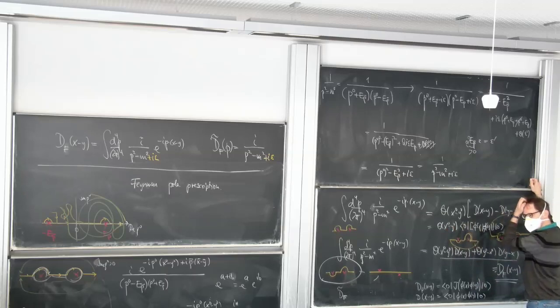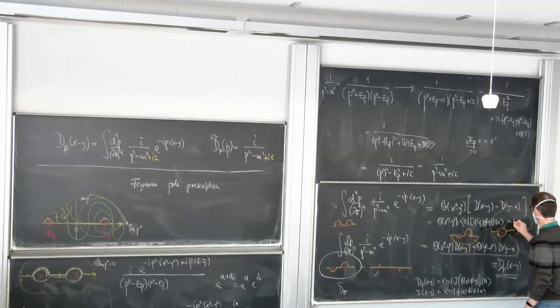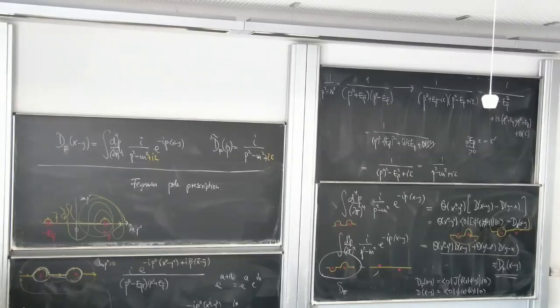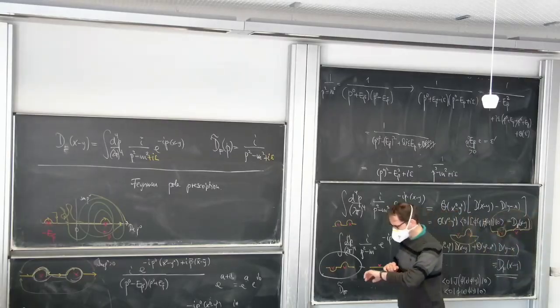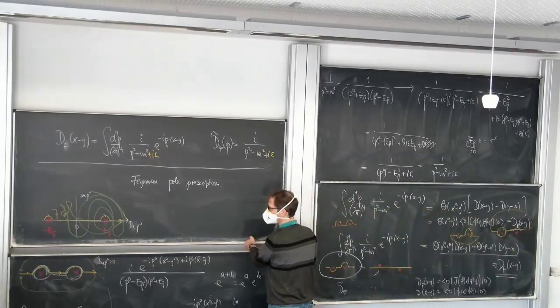We call this retarded. This is D_R, the retarded propagator.